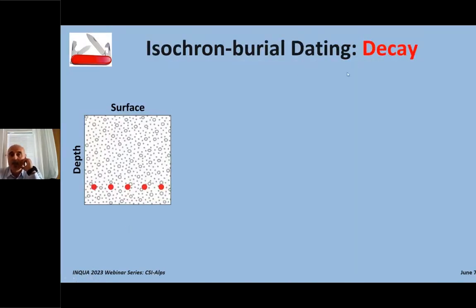To tackle this, we have isochron-burial dating. Again, the decay. What you do is you go for the same isoline, isochron, and collect samples. So for example, here we have 5 samples, 5 clasts. They all lie at the same position. This means they have all the same post-burial history, but they might have different pre-burial histories.